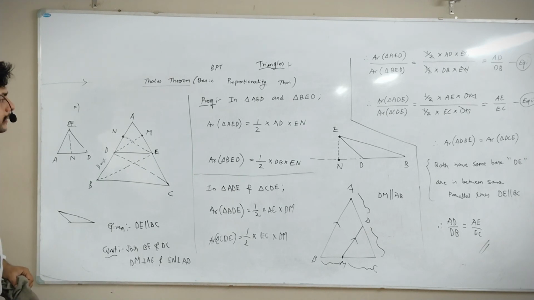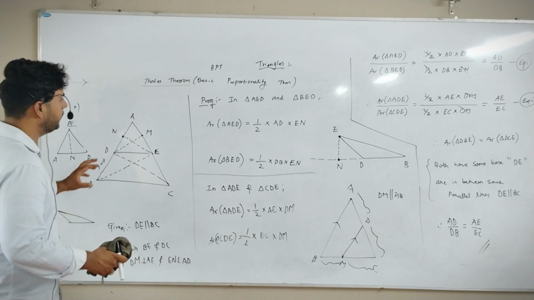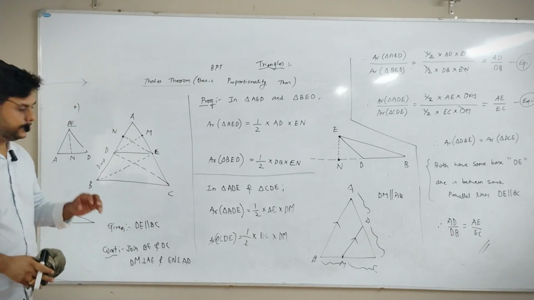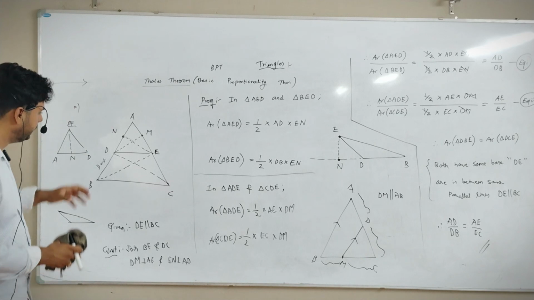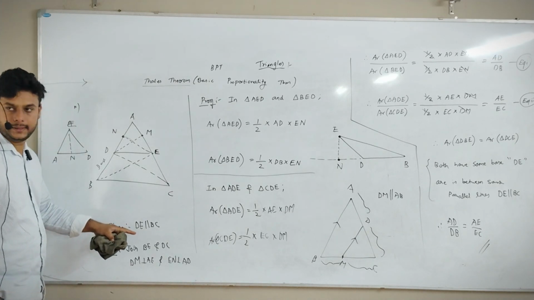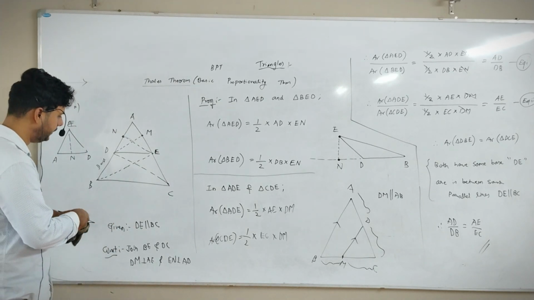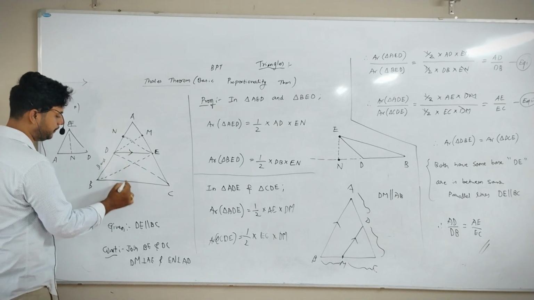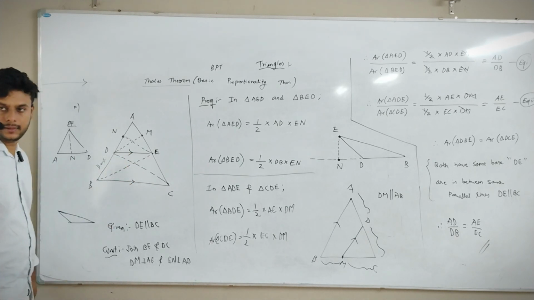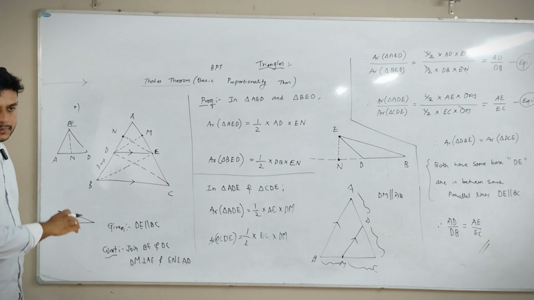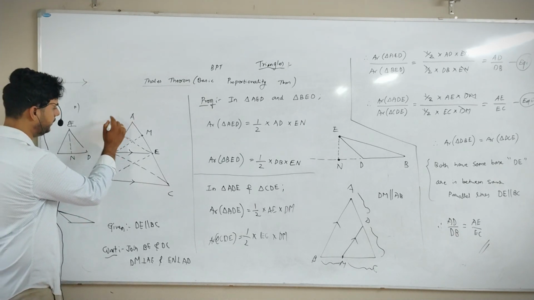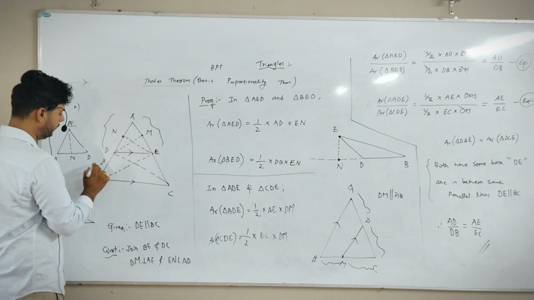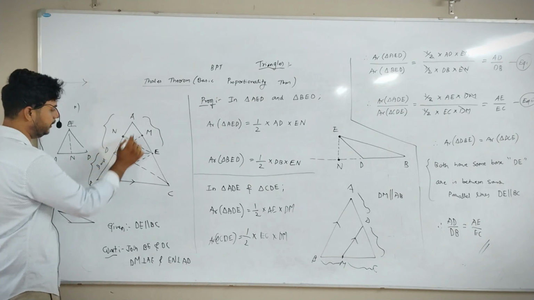Okay, stop writing now. See here. Next we will do the converse of the basic proportionality theorem. Converse means what? The opposite. Here, what was given to me? It was given that DE is parallel to BC, and I proved that AD by DB will be equal to AE by EC.